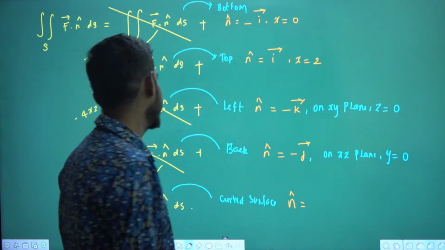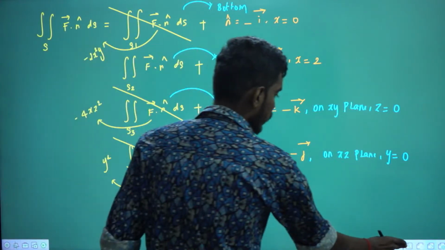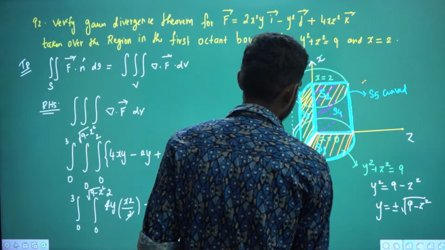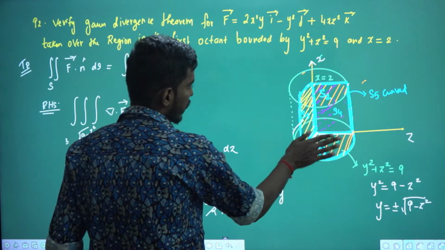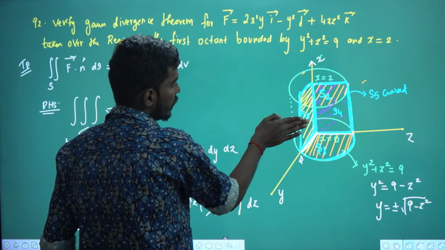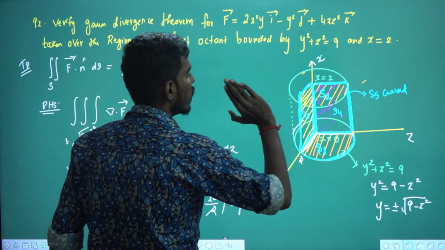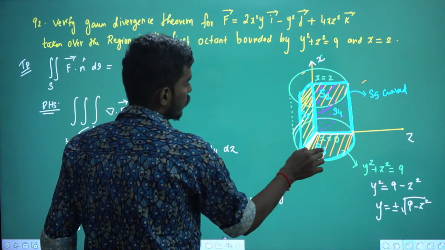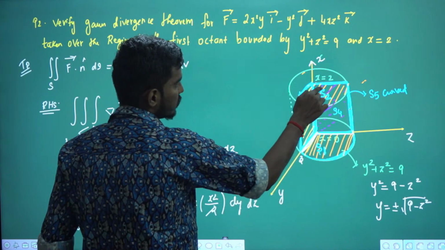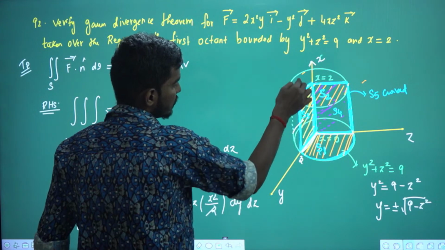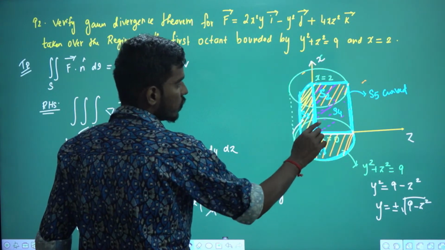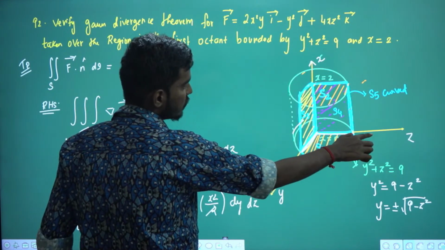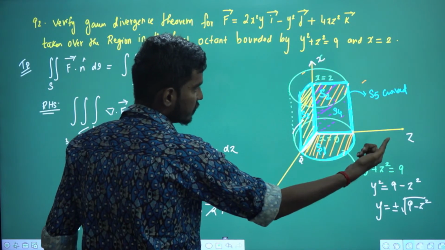Now to find the surface integral, there are 5 surfaces here. The bottom is your S1, top is your S2, left is your S3, back is your S4, and then you have the curved surface. For S1 your x is 0 and for S2 your x is 2. S3 lies on the xy plane, so z is 0. The back surface lies on the xz plane, so your y will be 0.